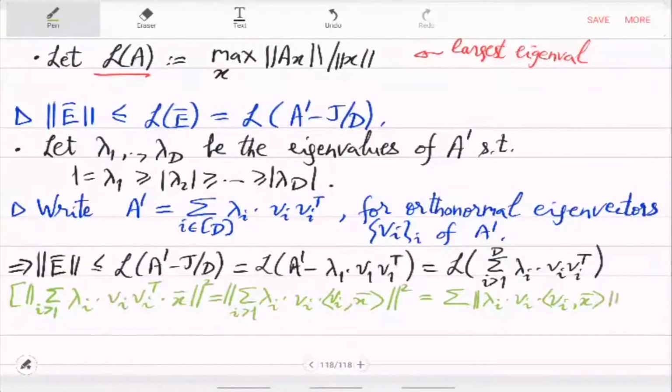So this is in fact equal to the sum of norm squares. What we will use here is that x bar you can write as a combination of this orthonormal basis.